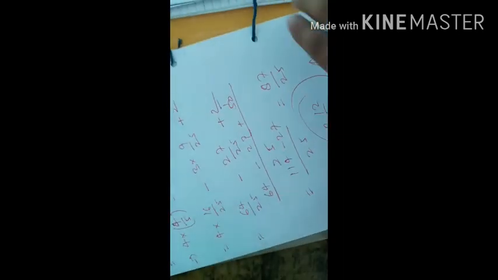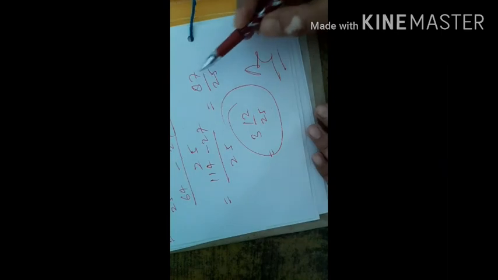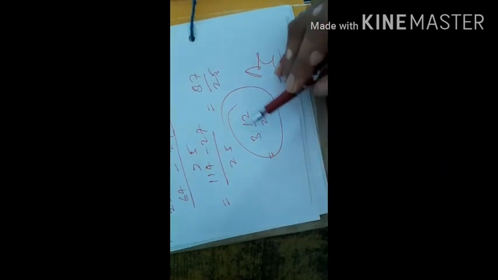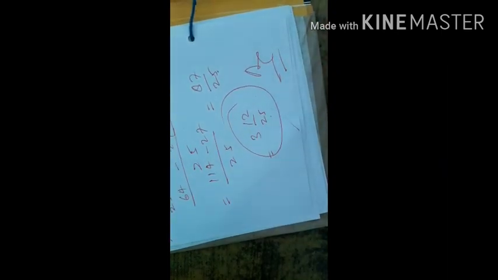Now divide 87 by 25 and you will get your final answer. So this will be 3 whole 12 upon 25, and this will be your final answer.